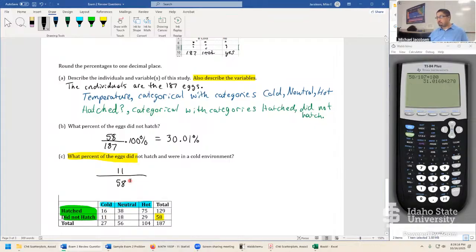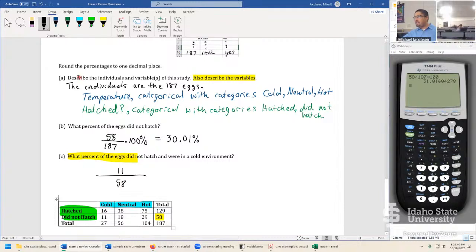All right, I'm glad we went over this because actually, the answer on your quiz, the way that it's worded, that's what I thought was right. But on the quiz, it has 11 over 187. I think that answer is actually the better answer to this one. I was looking at this when it said what percent of the eggs.